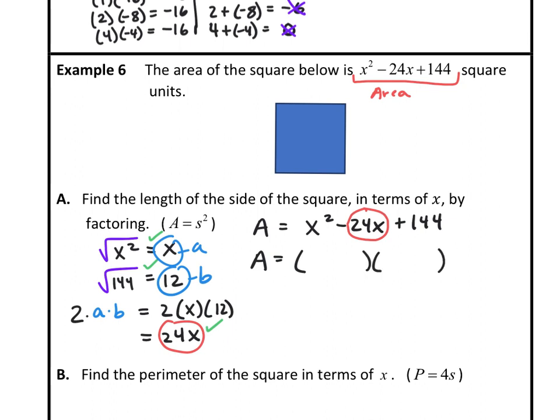We just got to ask ourselves, do we have a plus plus or a minus plus? If we have a minus plus, that means that the factor is going to be a minus b times a minus b. And so it's going to be x minus 12 times x minus 12.